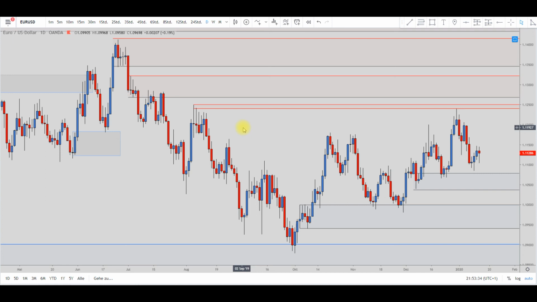Well, that's how you do a top-down supply demand analysis. Obviously, there are levels where you can put limit orders. There are others where it's not really feasible to put limit orders. That's a matter of price action and other reasons that I won't get into today.